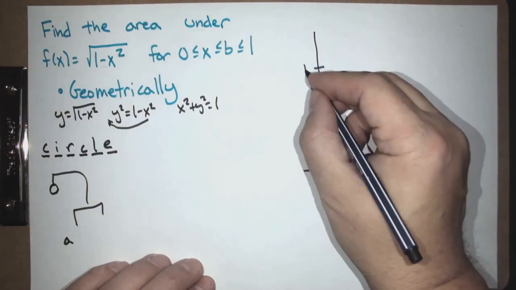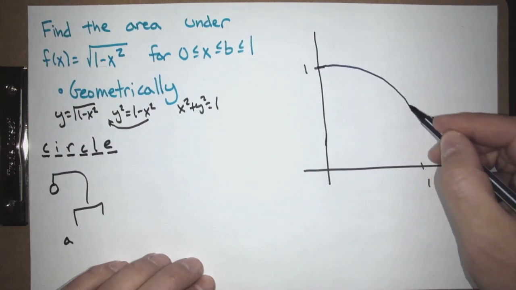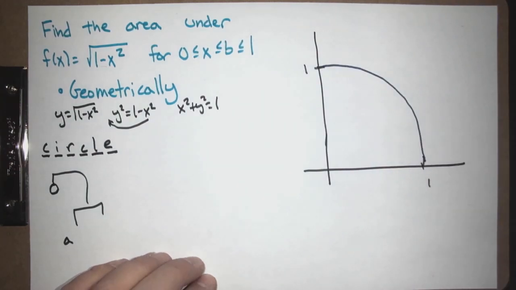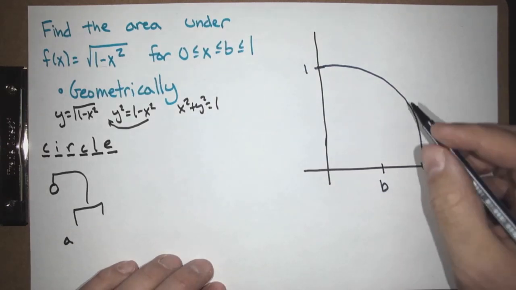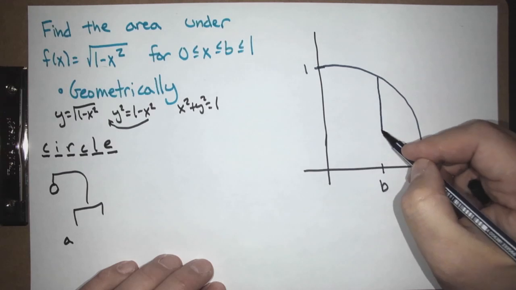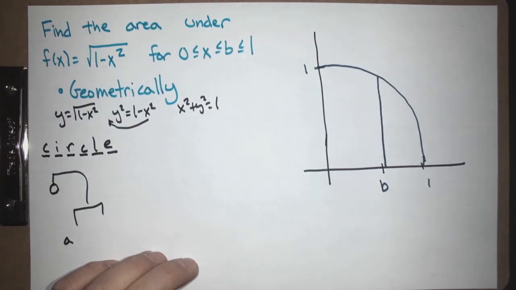So let's pretend I can draw a circle. All right, so we're going over to distance b. That's the area we're trying to compute. Now, I don't want to shade it just yet. It's not so clear how to find that area, so I'm going to do something a little bit suspicious.